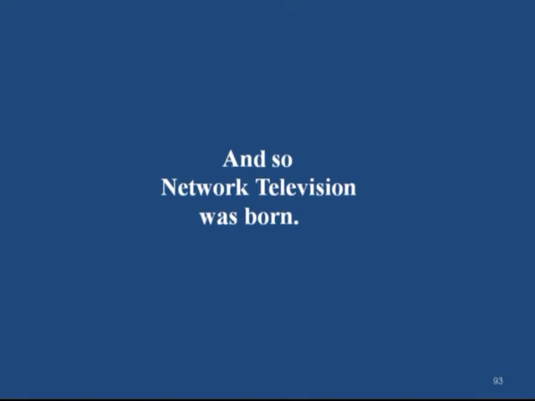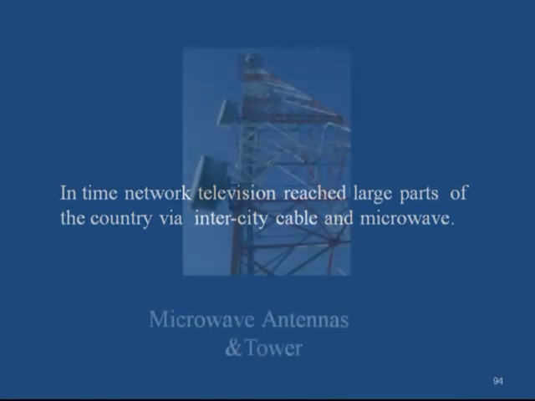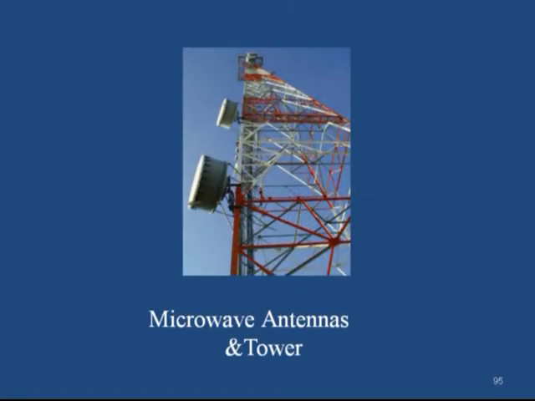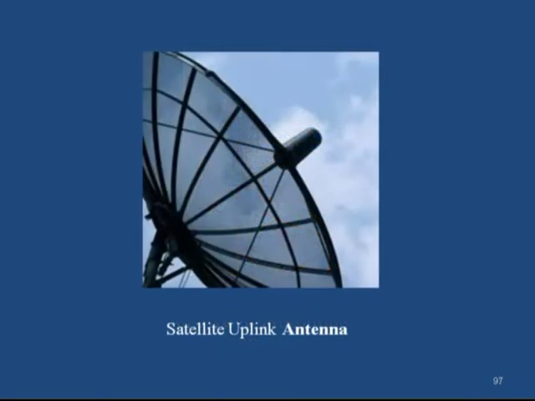At first, only major cities were interconnected by cables: New York, Chicago, Washington, LA. In time, network television reached large parts of the country via intercity cable and microwave. Now, throughout the country, you saw these towers, microwave dishes, pick up here and send them out there.